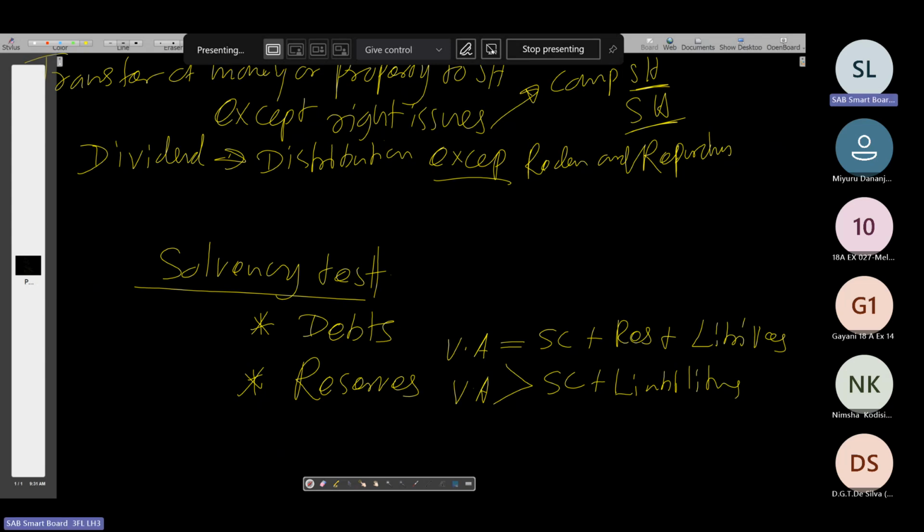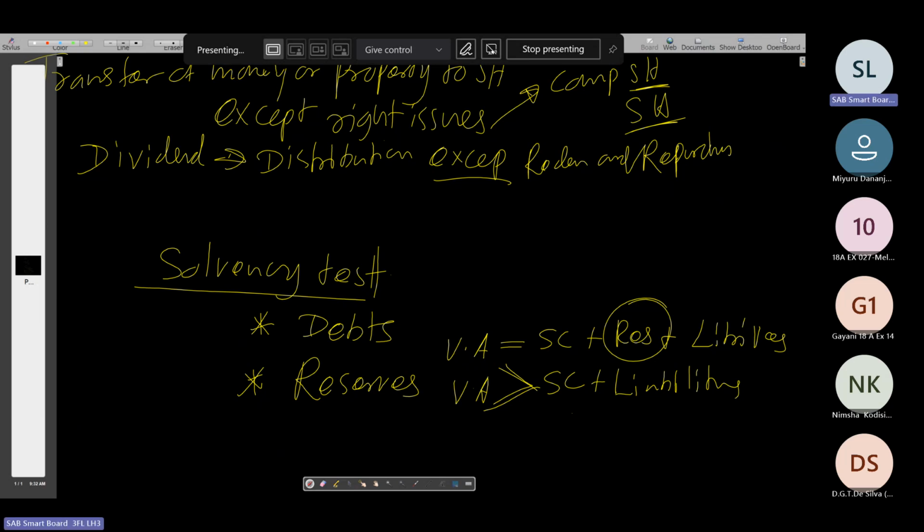In order to be greater than these two, the company must have reserves. So straight away we can say we have to check whether the company has reserves.